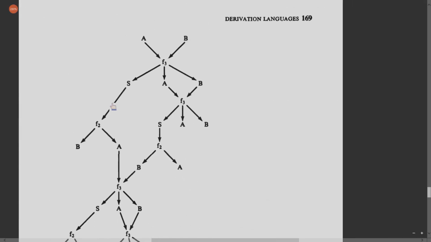So these two derivations, on composing them, give you another derivation depicted by this derivation graph.